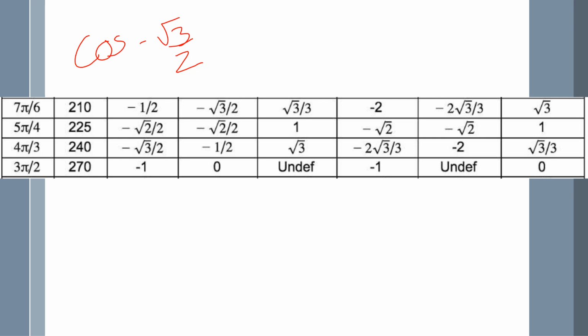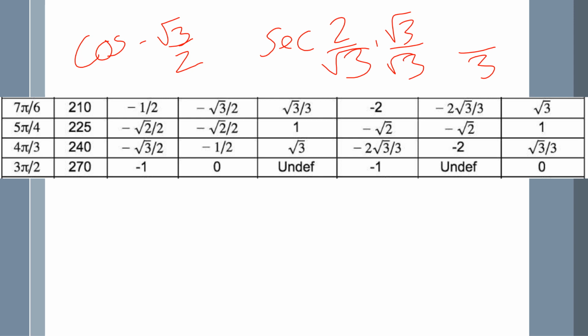Well, secant, remember, is going to be 2 over square root of 3, which we can't have. So multiply by square root of 3. And we know that this is going to be 3 right here, because square root of 3 times square root of 3 is 9, and the square root of 9 is 3. And then it's going to be 2 square root of 3.